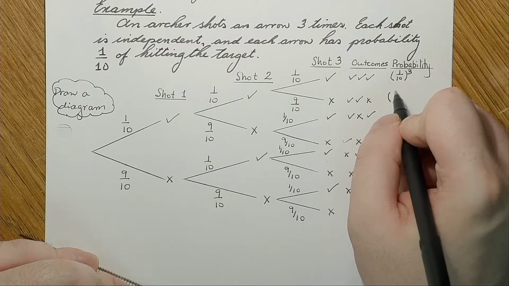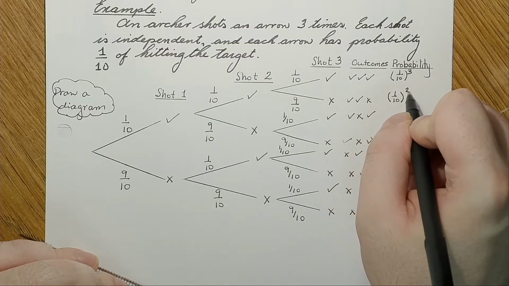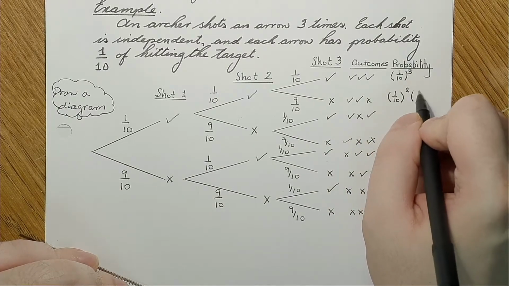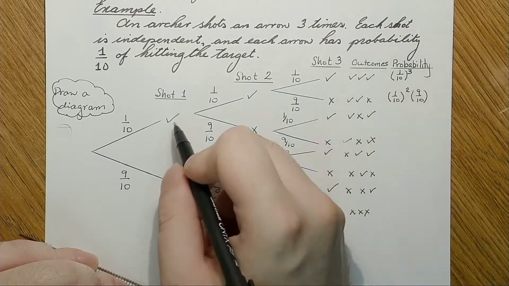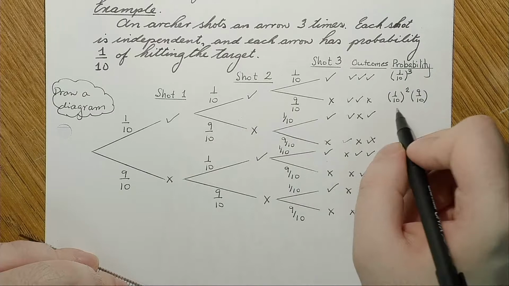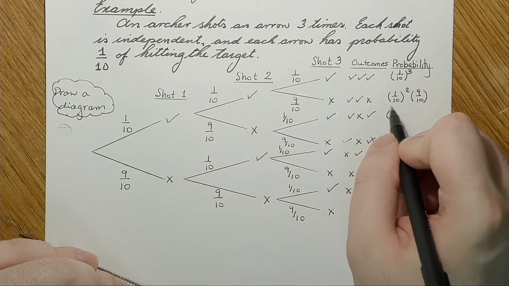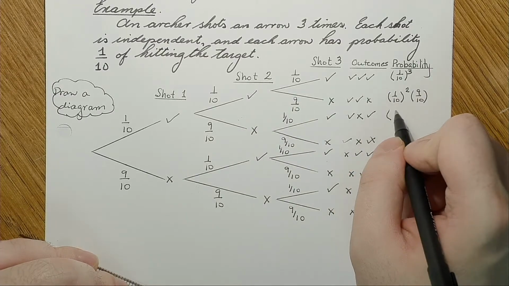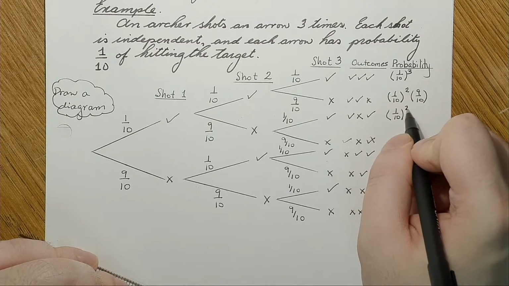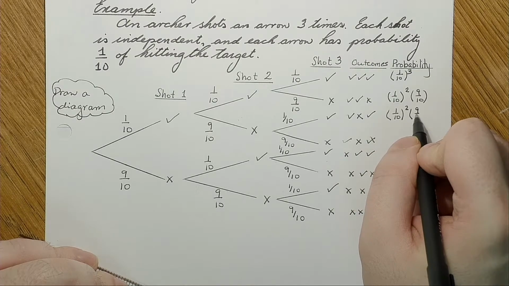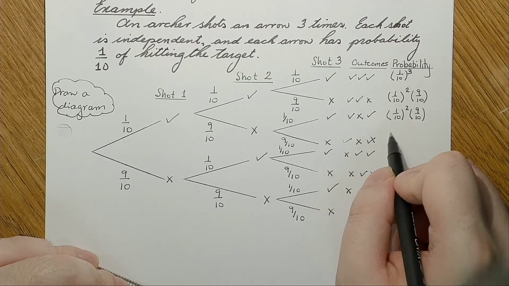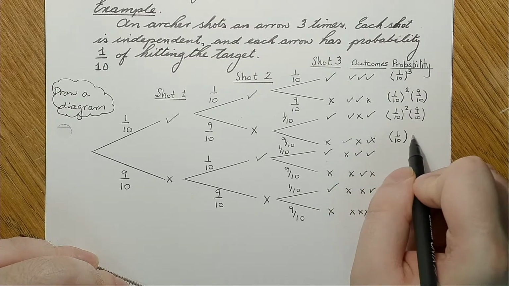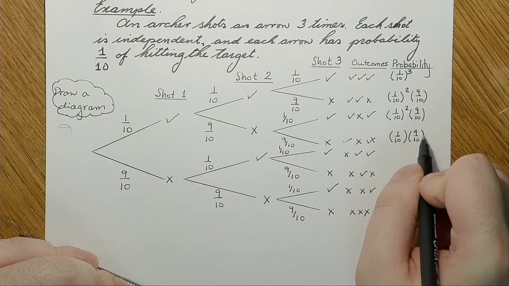So I have 1/10 squared times 9/10. Here, again, 2 successes, so that's 1/10 squared times 9/10. Here I only have 1 success, so that will be 1/10 times 9/10 squared.